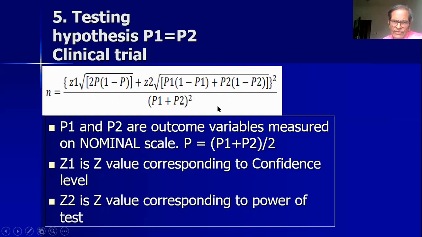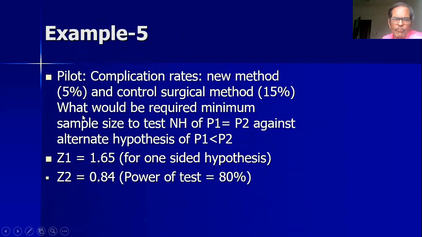And you put the values in this equation. So P1 and P2 are the outcome variables measured on a nominal scale. Z1 is the Z value corresponding to the confidence level selected. Z2 is the Z value corresponding to the power of the test that we are using. So Z1 is used over here and Z2 is used over here in the formula.